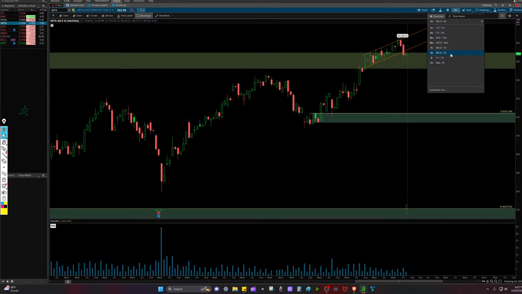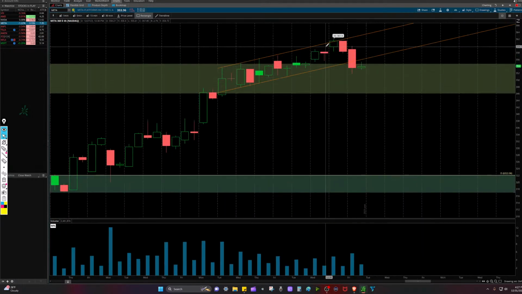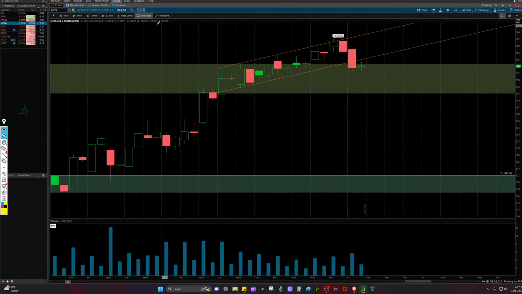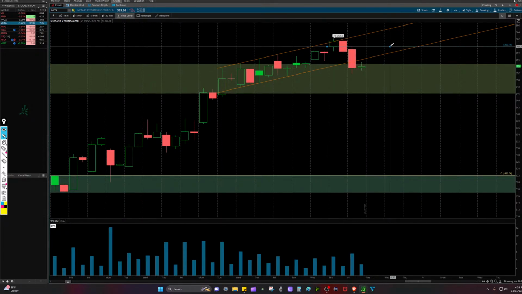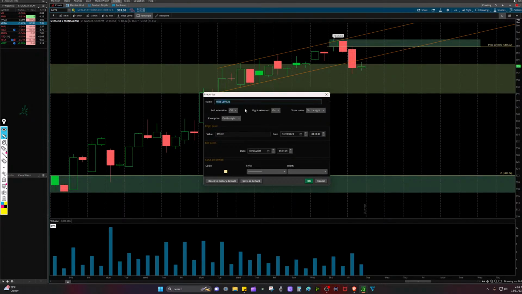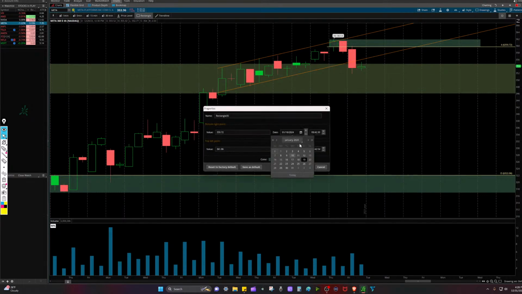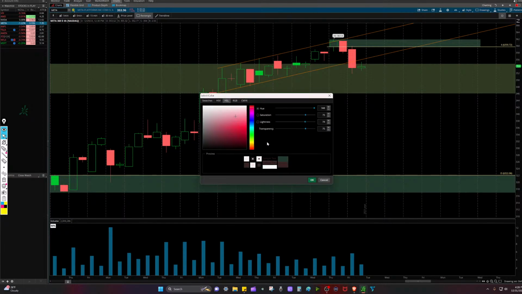Let's try to draw some supply and demand if I see anything. I see a 4-hour supply. I like to write 4 here to mark my supply zones.